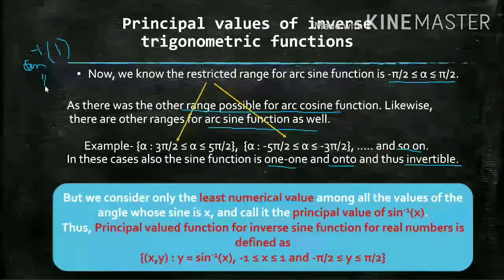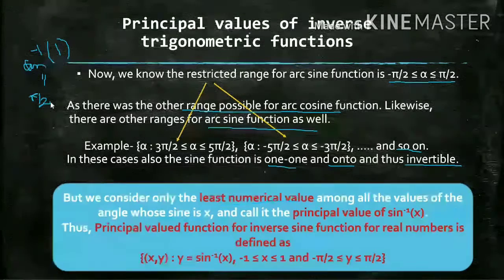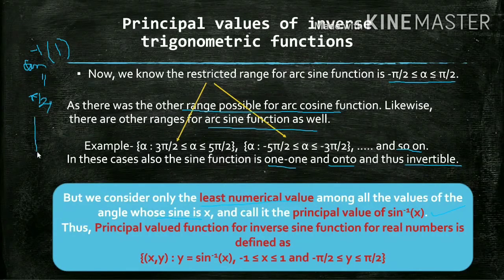Now we know that sine inverse 1 is pi by 2, and also many other angles. So if we have to find the principal value, you will find the least numerical value among all these possible values, the smallest value possible, and call it the principal value. Here in this case, it would be pi by 2. So that would be the principal value of sine inverse 1.